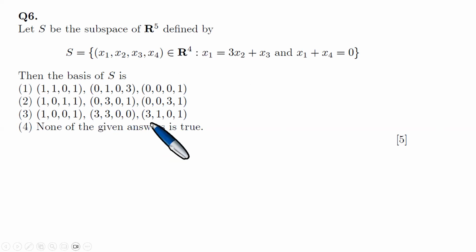Is given by this. We're asking specific questions in terms of this. Then the basis of S is what?